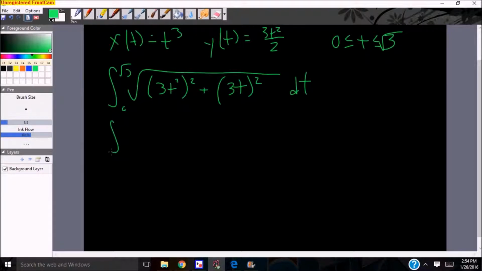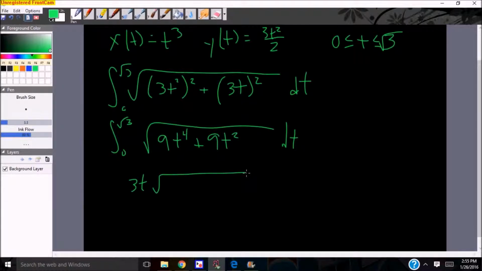And I hope many of you will see that we can simplify this a little bit: 9t to the 4th plus 9t squared. Some of you may see that we can factor a 9t squared out, which we could square root to get a 3t on the outside, leaving me with t squared plus 1 on the inside.